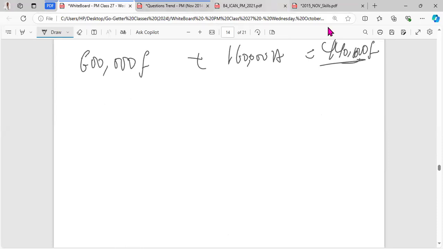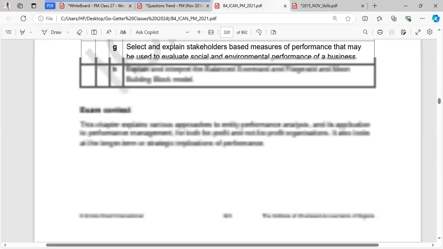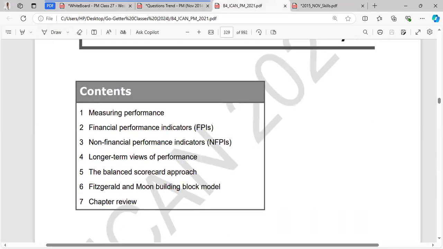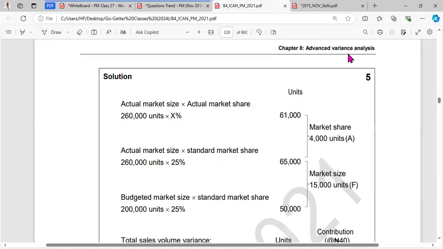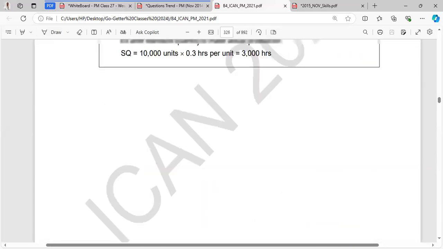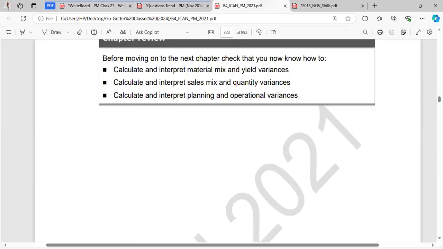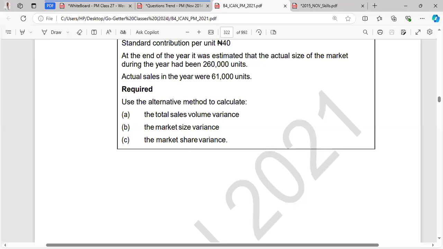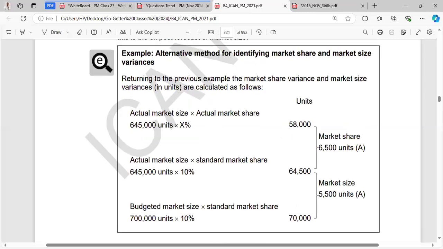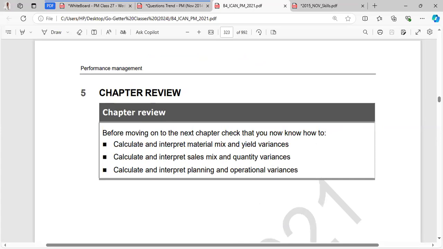So that's it here for number 4. Okay, so we have succeeded now in looking at variance, advanced variance, planning and usage variance. We started with mix and yield, then we went to sales quantity and mix.